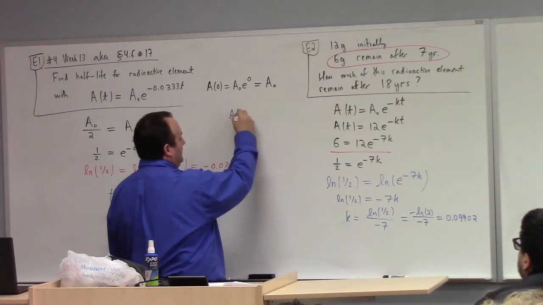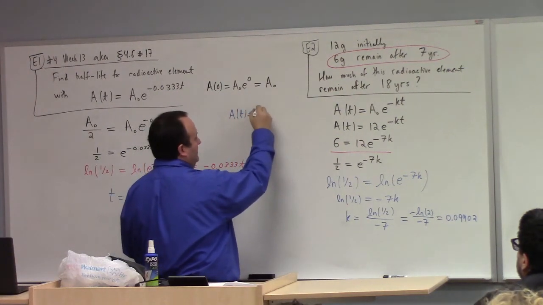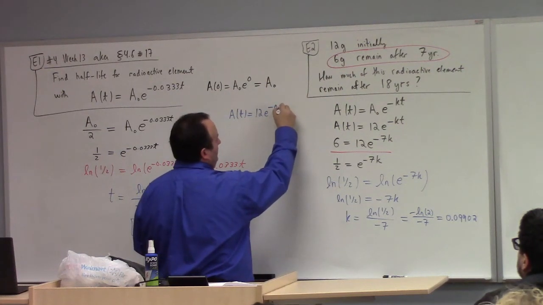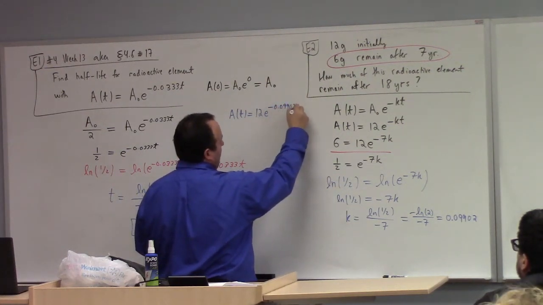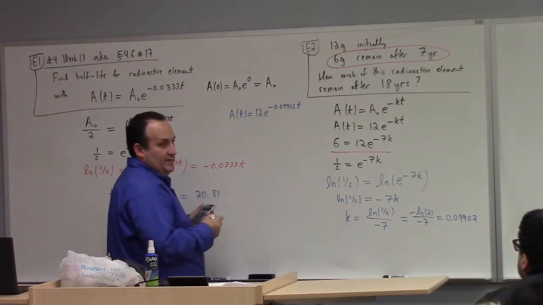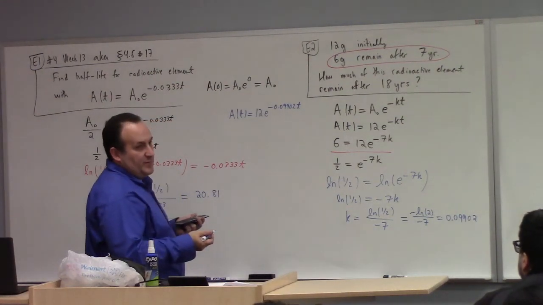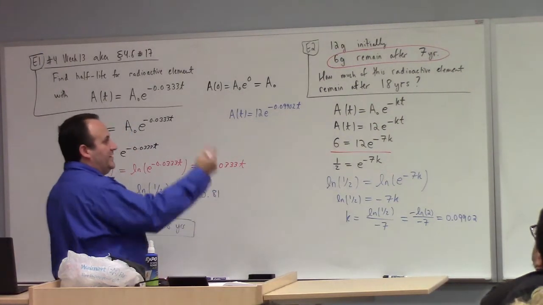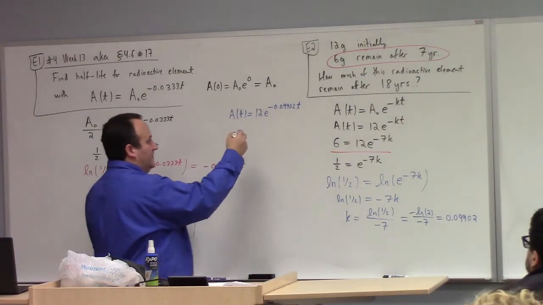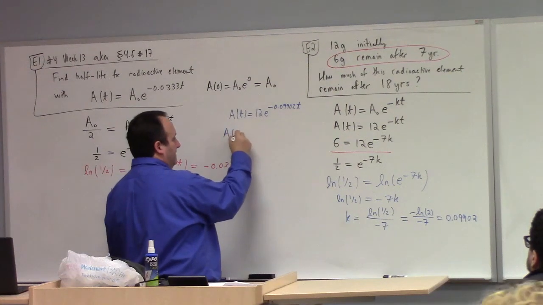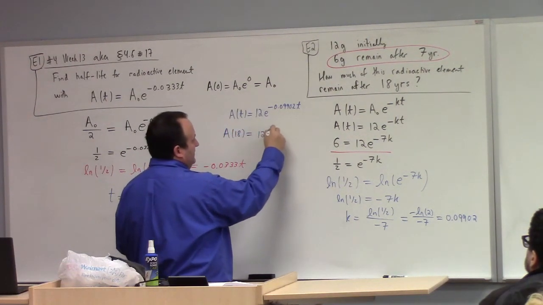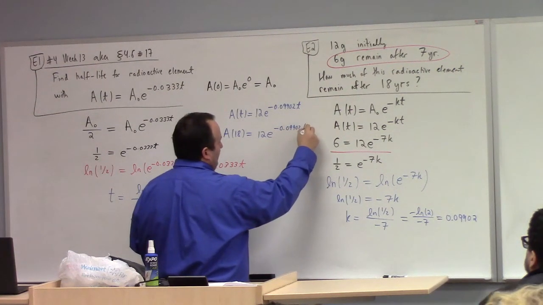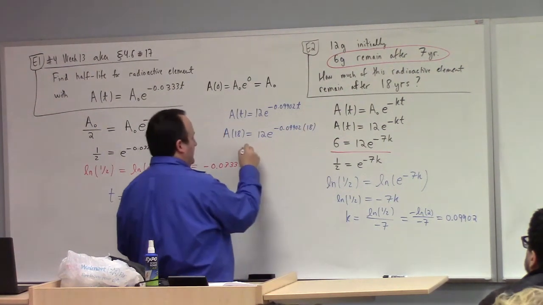So A of t is, what was it? It was 12 e to the minus 0.09902 times t. Okay? What am I looking for? I'm looking for the amount after 18 years, right? So now I have to plug 18 into this formula. So what's A of 18? 12 times e to the minus 0.09902 times 18, which gives me what?